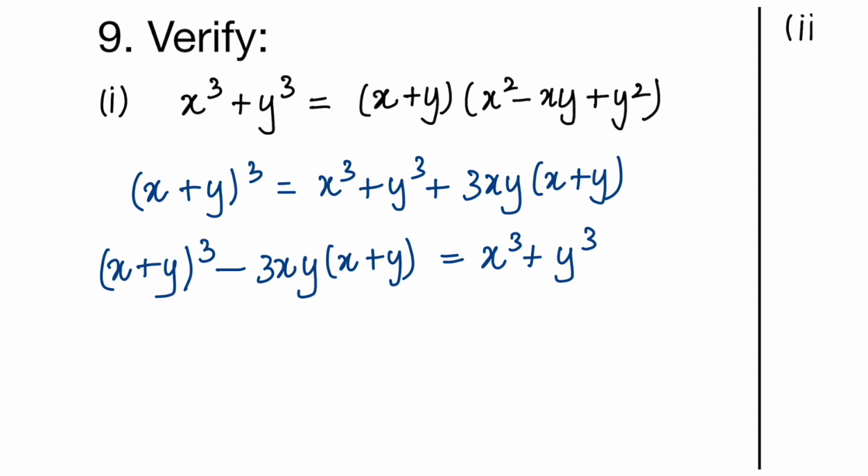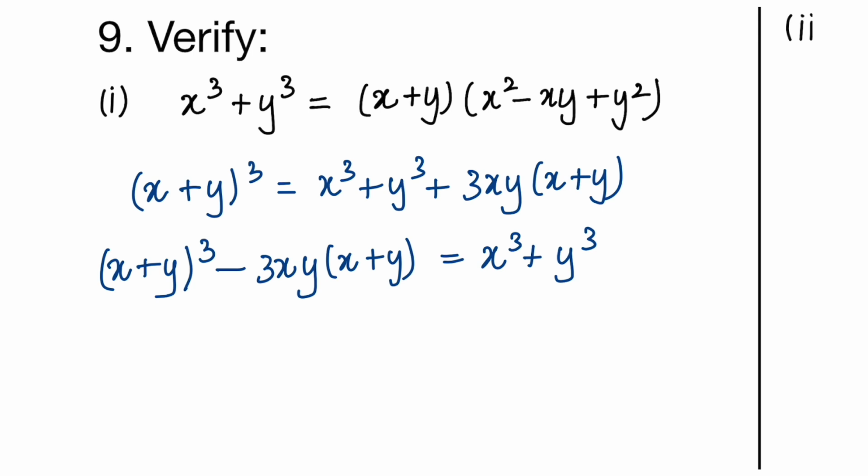Now you can also tell this as subtracting 3xy into x plus y on both sides, and that is technically accurate in mathematics. Bringing one term to the other side essentially means that you are subtracting that term from both sides.